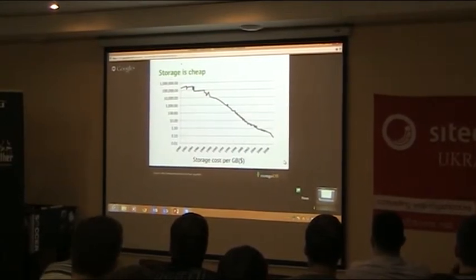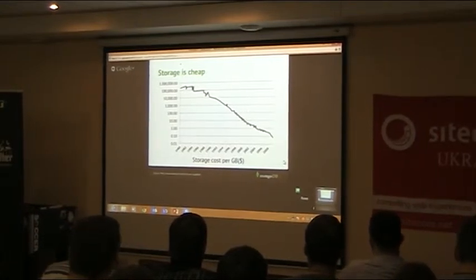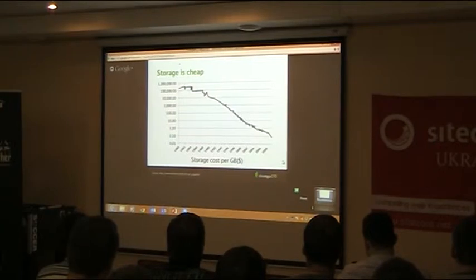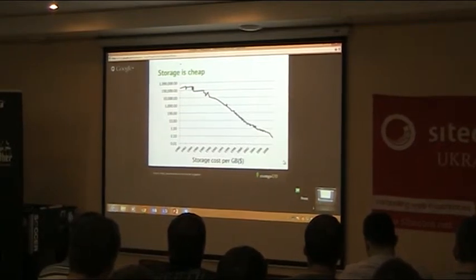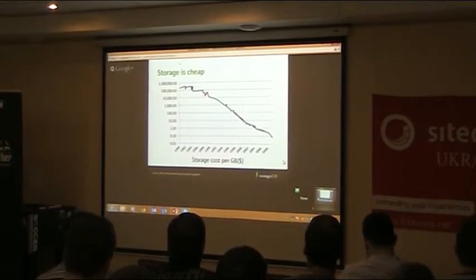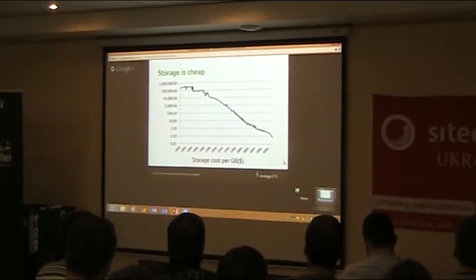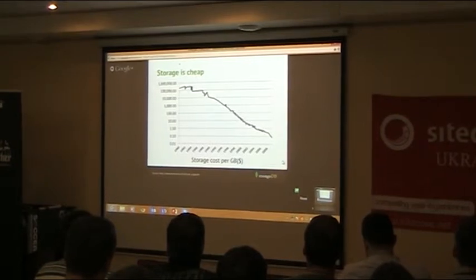In fact, in 1980, it cost over $500,000 to store a gigabyte of data. I don't even know how big a room that would have to have been. In 1990, just 10 years later, it cost $10,000. In 2000, it cost $10. And in 2011, it's under 6 cents for a gigabyte. So we're able now, with this freedom of cheap storage, to store more and more data.